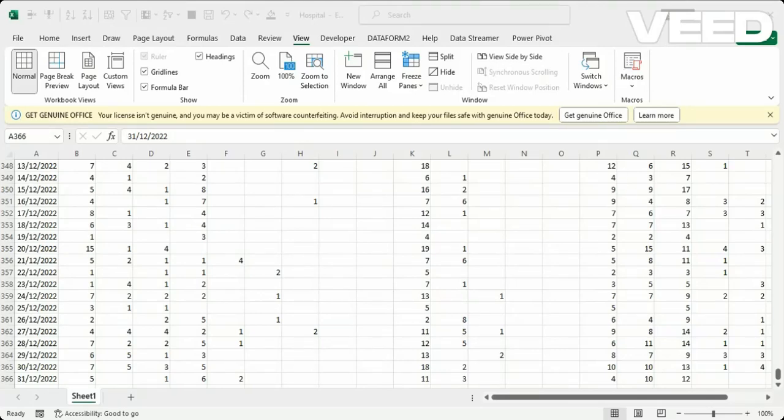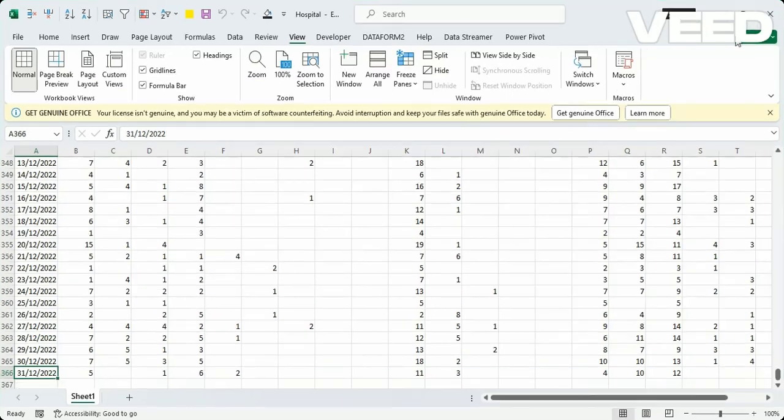In this session, I will be showing us how we can clean a raw data and go around making it useful for the process of data analysis. What you are seeing on my screen is a Microsoft Excel worksheet.